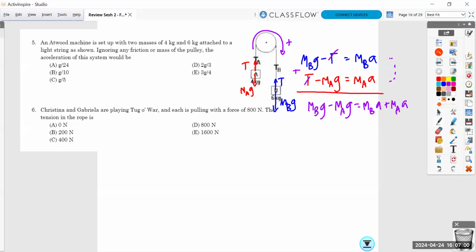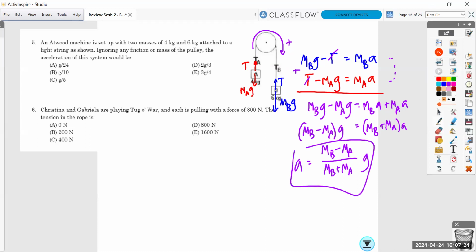And if I do a little bit of factoring, here I can factor out a G. What I find is that the acceleration of my Atwood machine is going to be MB minus MA all over MB plus MA times G.